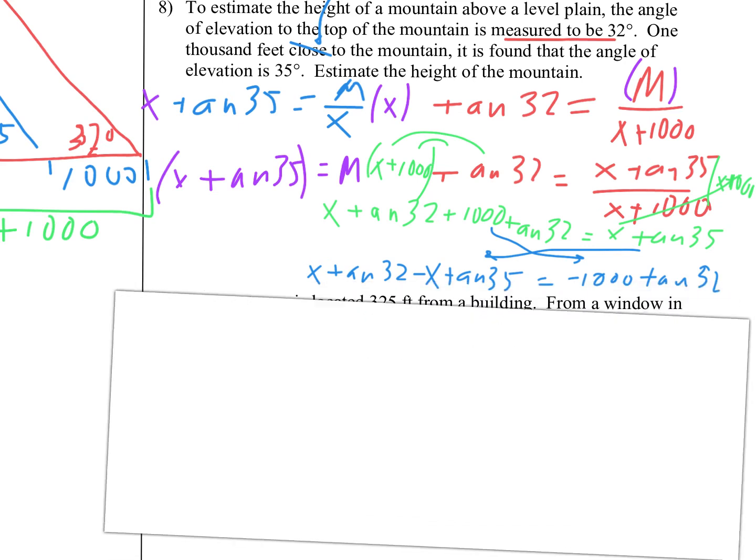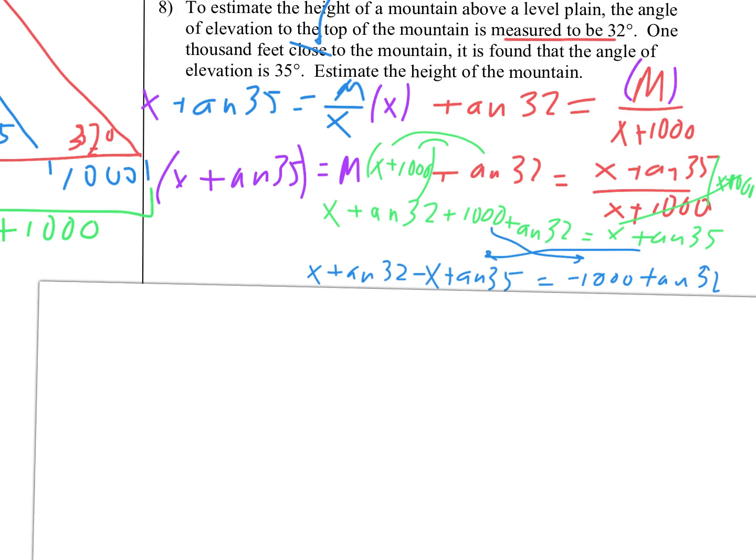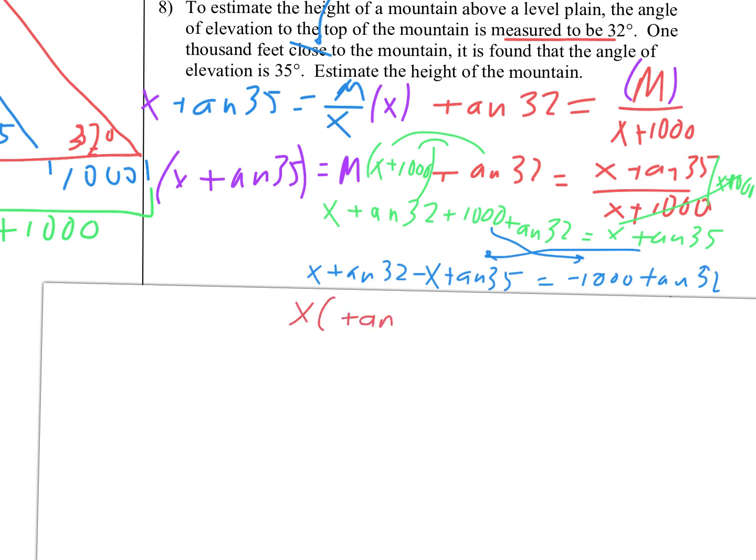So there we go. Now what I'm going to do is factor out the x here. Then I can write this as tan 32 minus tan 35. You are not allowed to combine these in any way. It's not going to be like tan of negative 3 or anything like that. You just can't combine the different tangents there.